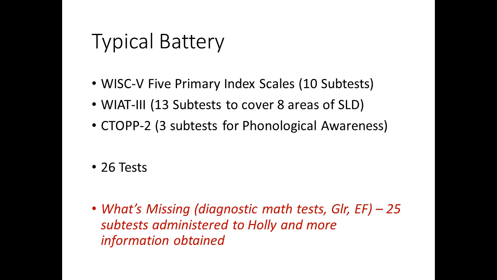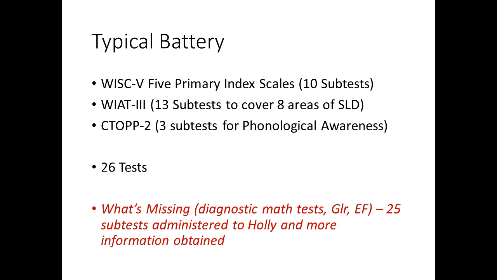So following the RTI, what would be a typical battery that an evaluator might use? Well, what I've seen a lot of is administer the WISC-V, make sure you get the 5 primary index scales. So that would be 10 subtests. Some only administer 7 for the purpose of getting a full-scale IQ.